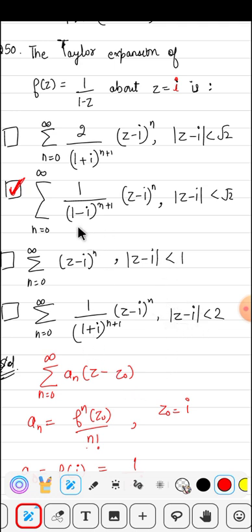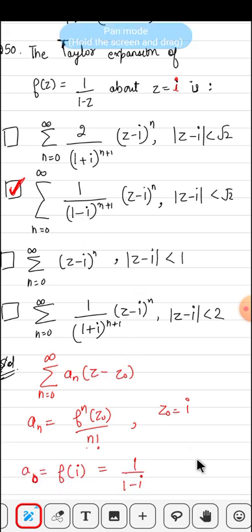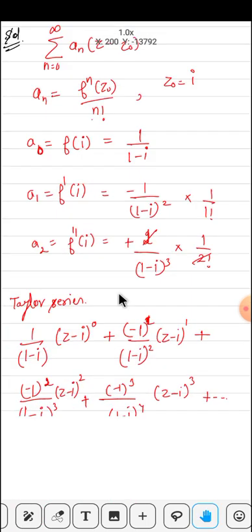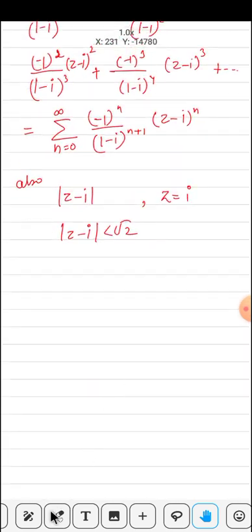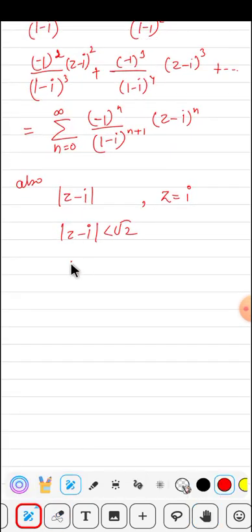Because we have been given 1 minus iota, right? So 1 minus iota, so if you go here, this is eventually less than or equal to 2. Okay, so this is our right answer.